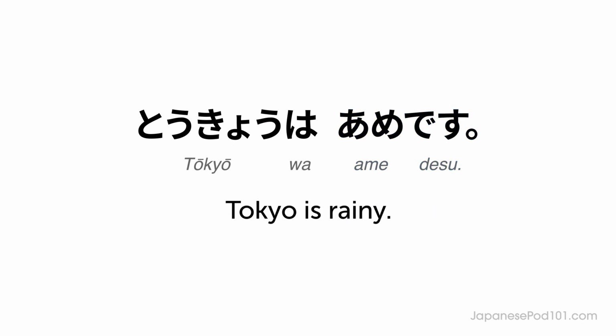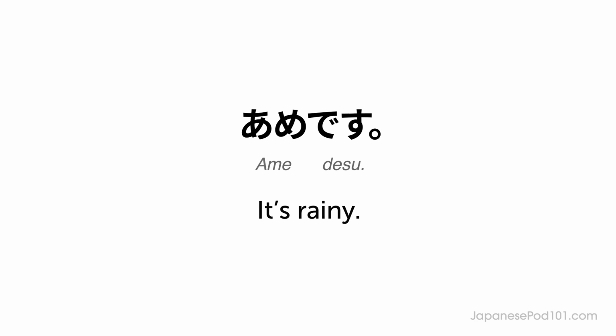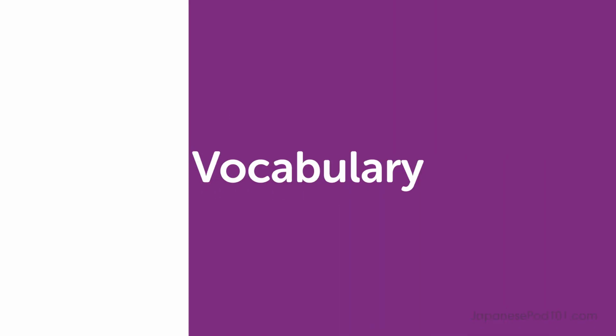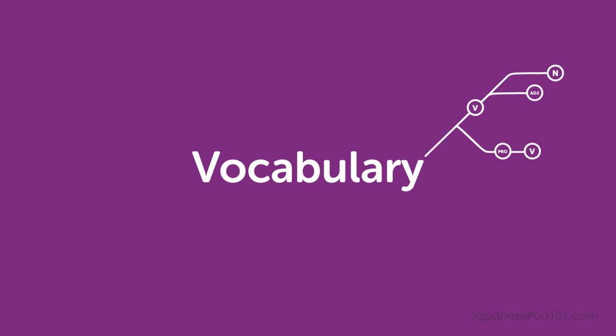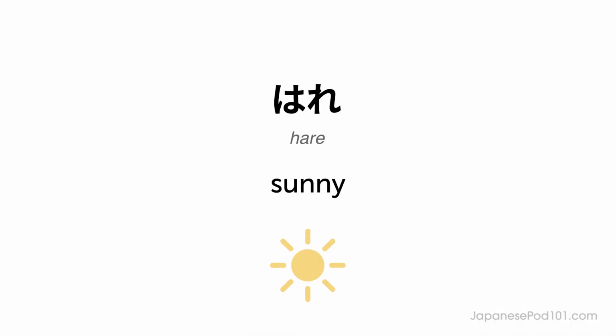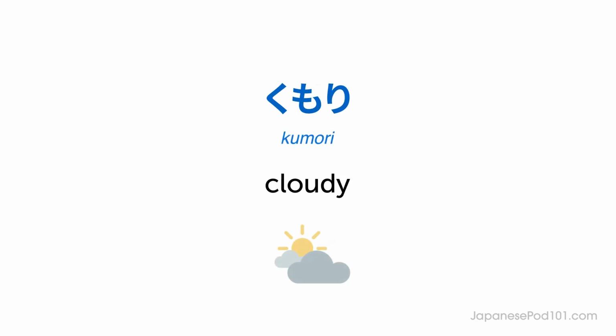You should be aware of the longer pattern, but for this lesson, we'll use the shortened pattern. Let's review the key words. 晴れ, sunny. 曇り, cloudy.